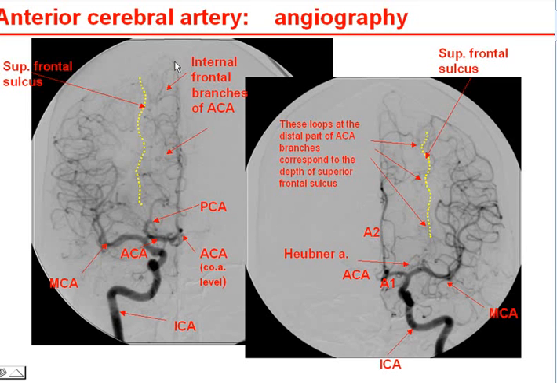For the internal frontal branches of the ACA, you can see in the AP view that they are divided by the superior frontal sulcus. So when you see the capillary phase enhancement of these structures, that signifies the border of the superior frontal gyrus, and between the superior frontal sulcus and the MCA territory is where the watershed distribution stands.